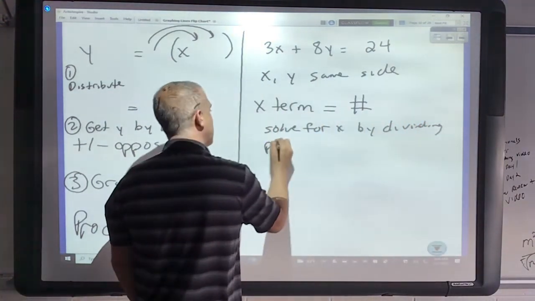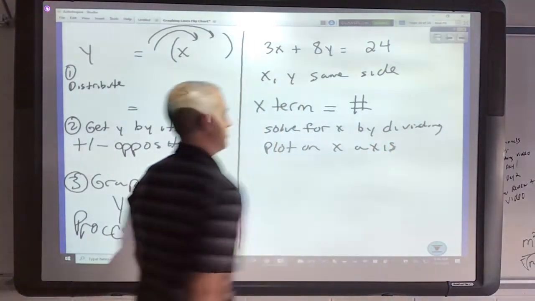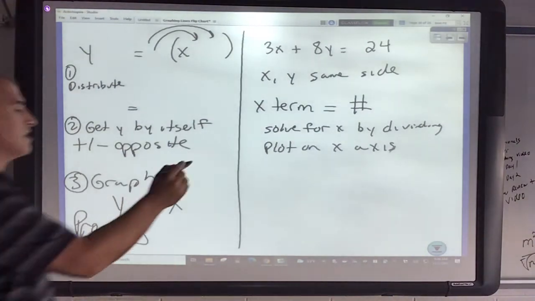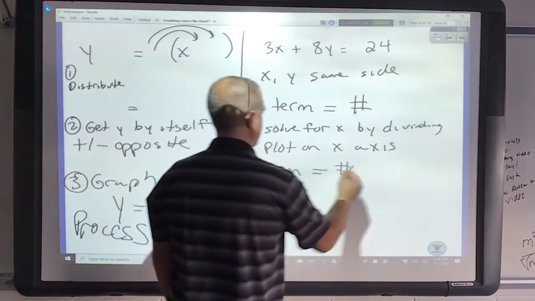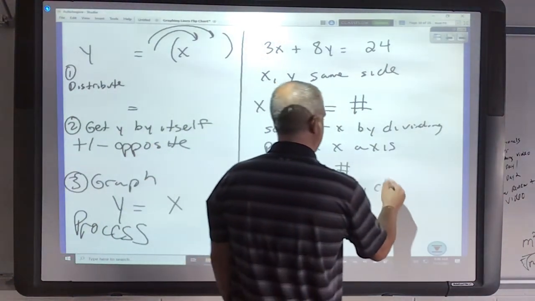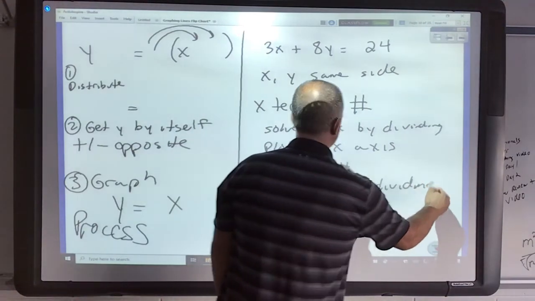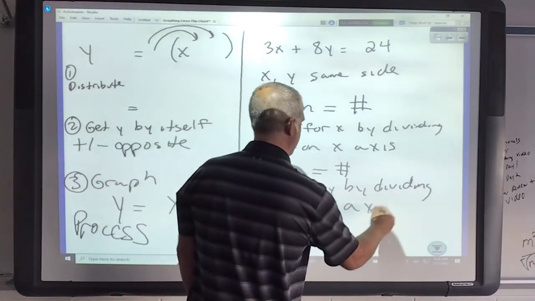You are going to plot on the x-axis. Then you're going to take your y term, set it equal to the number. You are going to solve for y by dividing. You are going to plot on the y-axis.